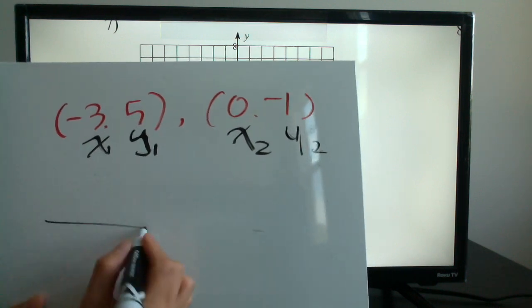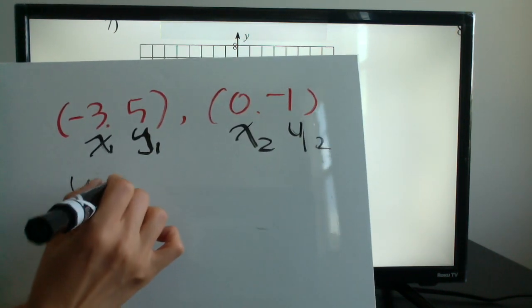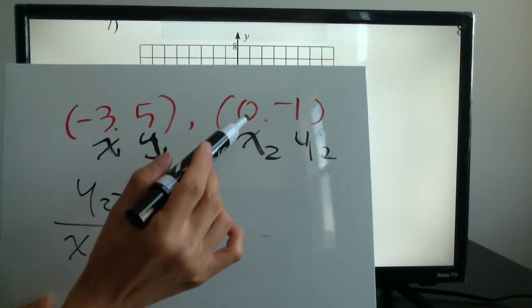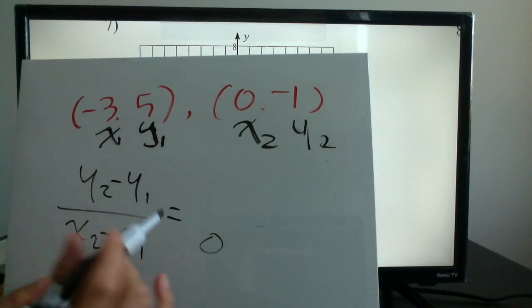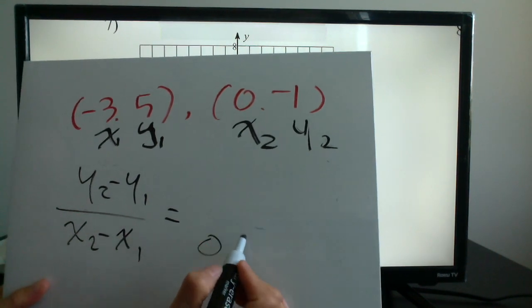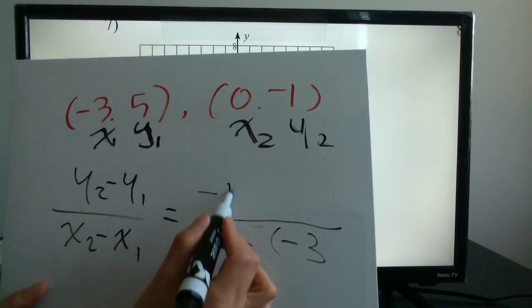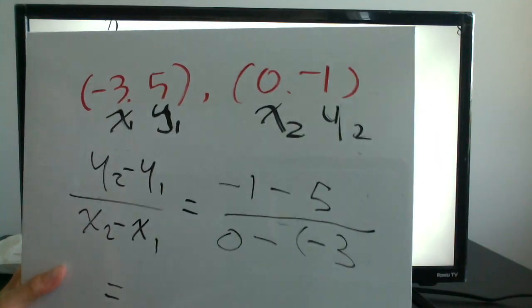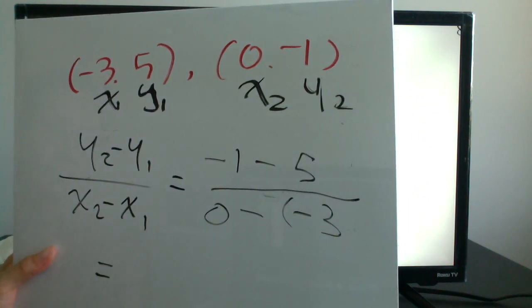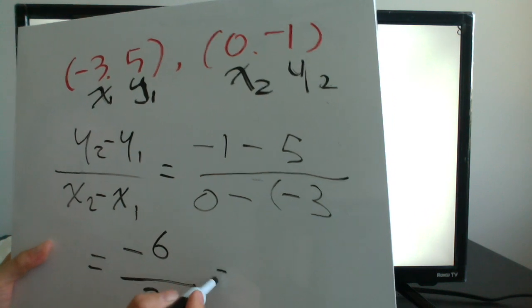The rate of change is, this minus this. This minus this. Okay, 3. Am I correct?